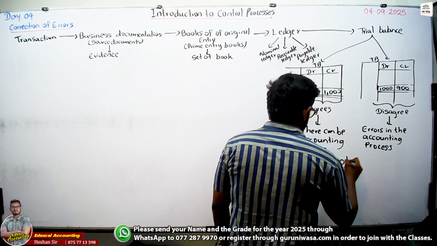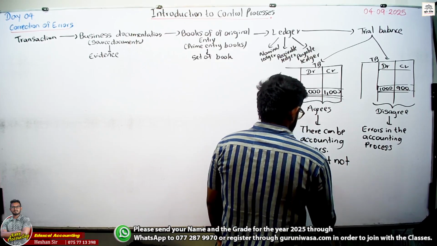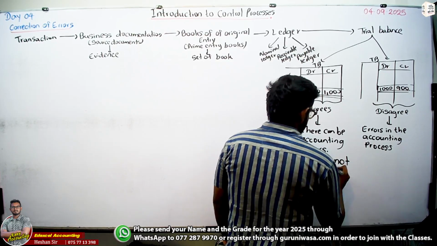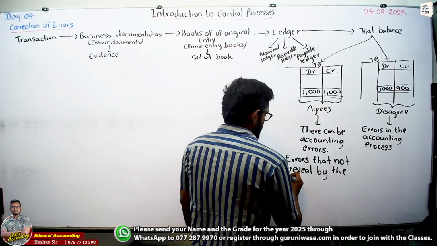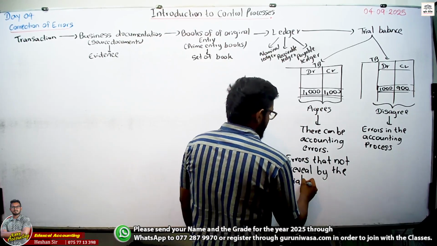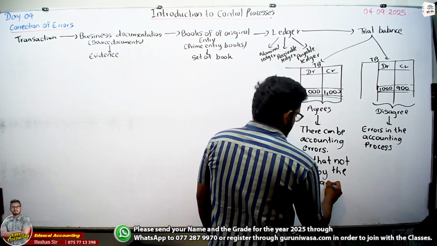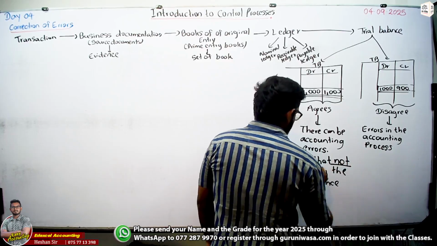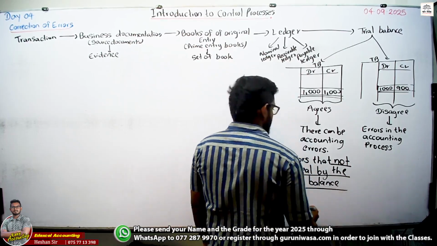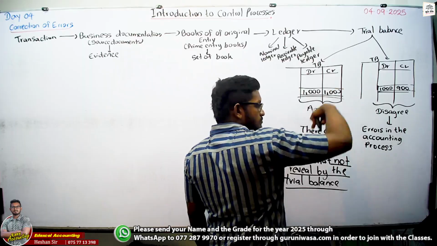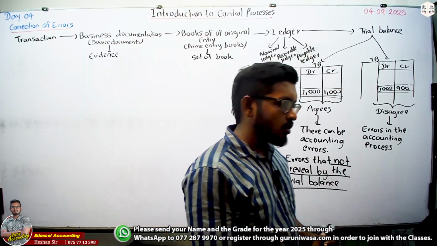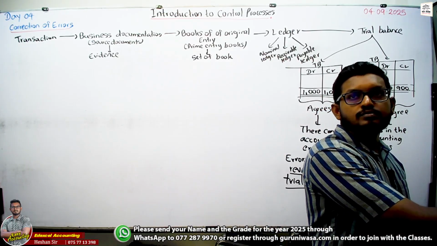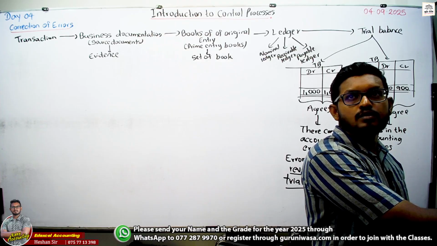Not revealed by the trial balance means the trial balance agrees, but there are errors. Got it? Hope you can manage, right?